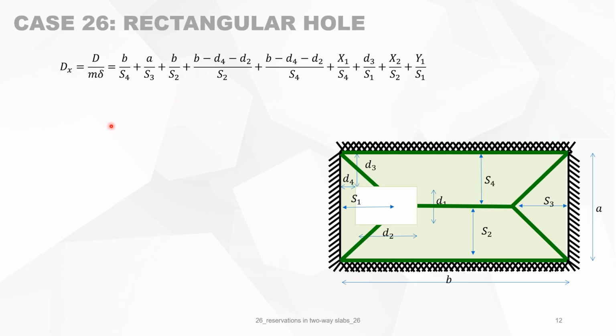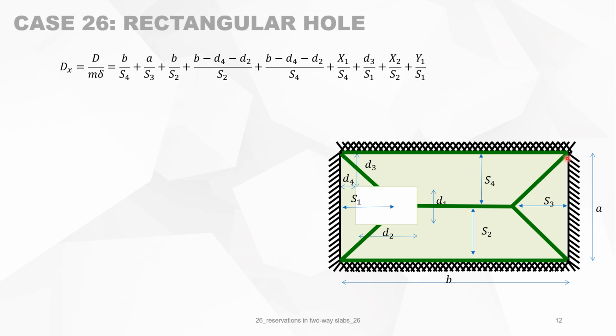Next we will calculate the work done by the internal forces, which gives us the yield line, the negative yield line here, projected on the axis of rotation. It gives you m times b divided by the angle of rotation, which is delta over s4.